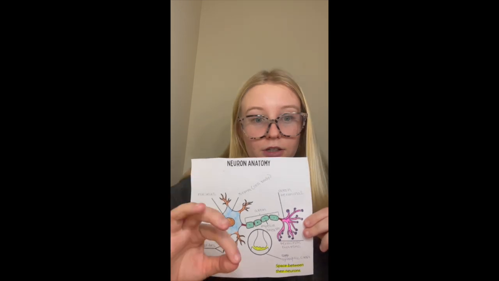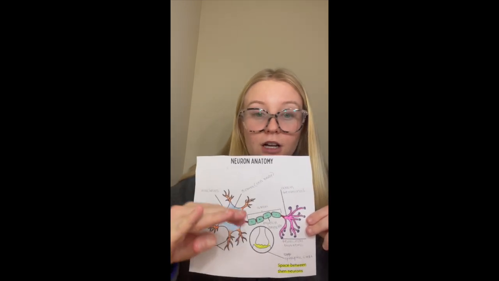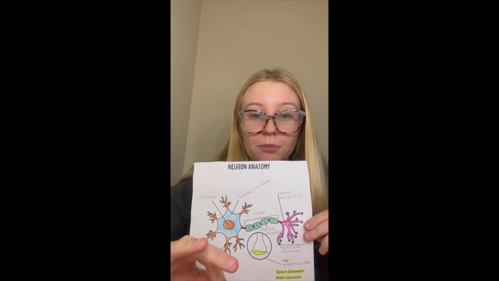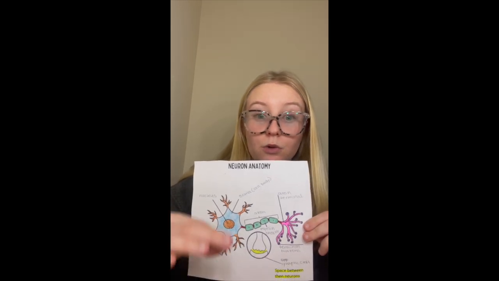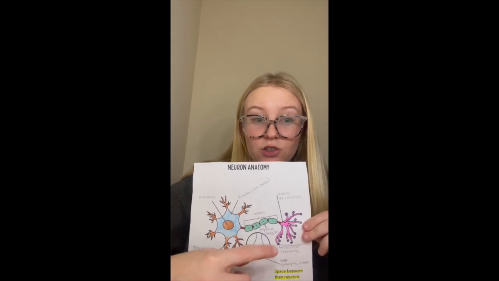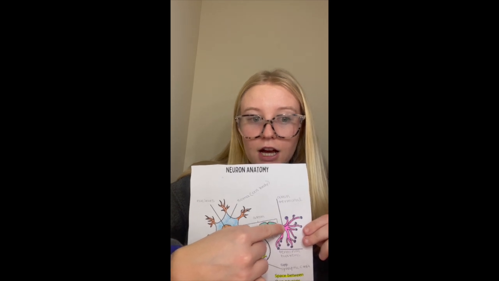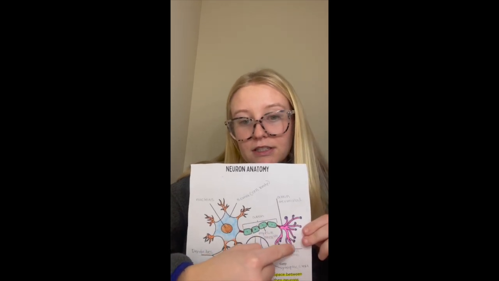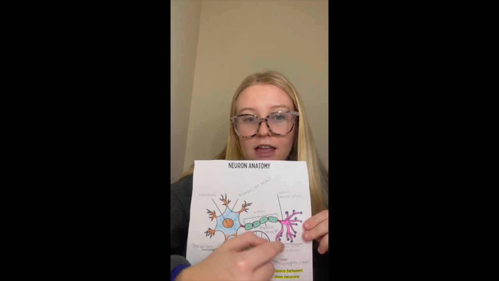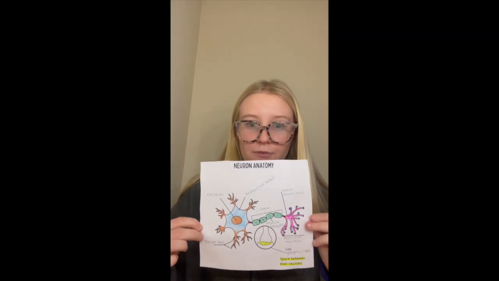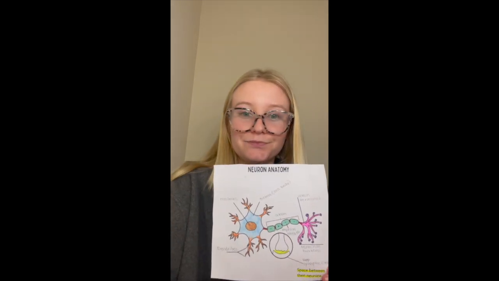There will be a brief period where it overshoots, becomes too negative, and reaches hyperpolarization, but it will restabilize, and when the signal reaches the axon terminal, it will be released by these terminal buttons. That's where neurotransmitters come from, right down here.